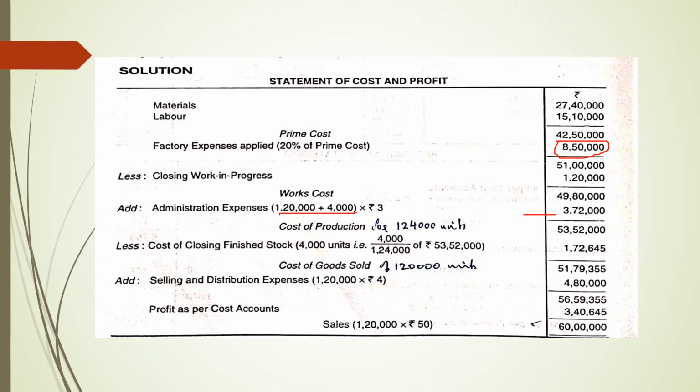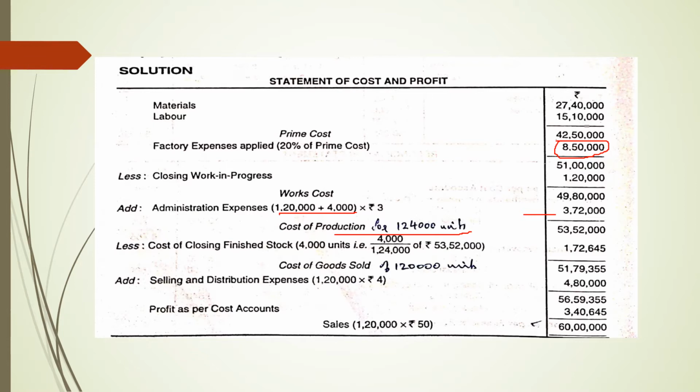Adding the administration expense to work cost, we get the total cost of production of 1,24,000 units, 53,52,000.